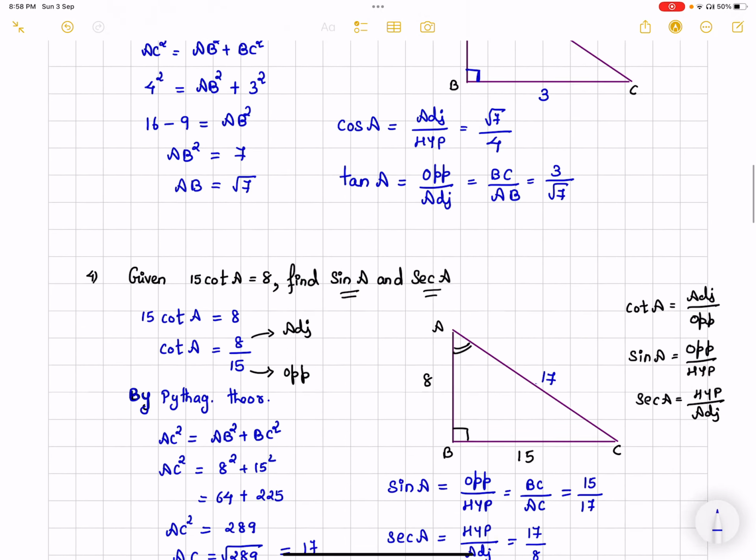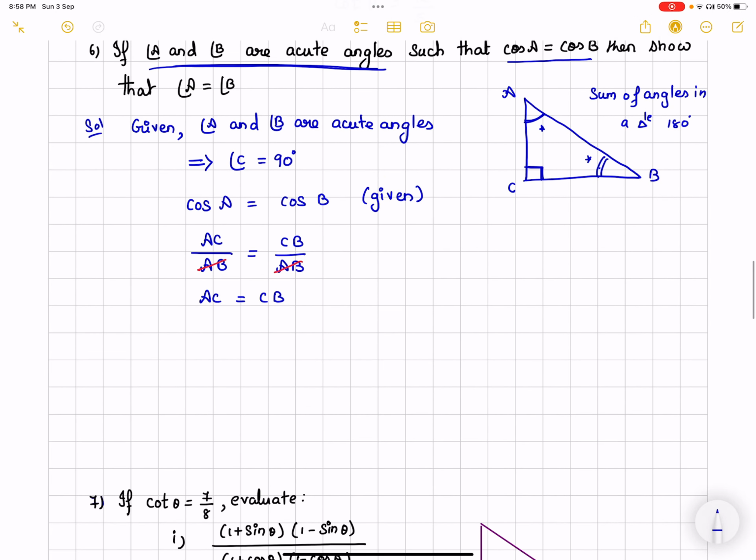So what does that say? Two of my sides are equal. When two of my sides are equal, it becomes an isosceles triangle. In an isosceles triangle, the angles opposite to the equal sides are always equal.